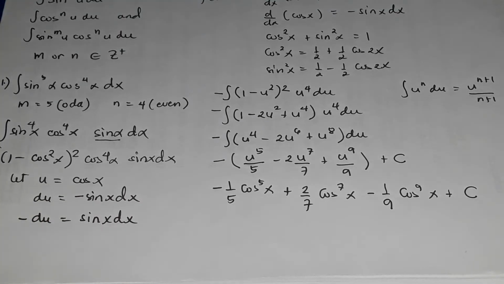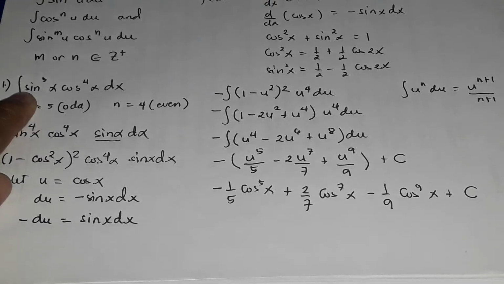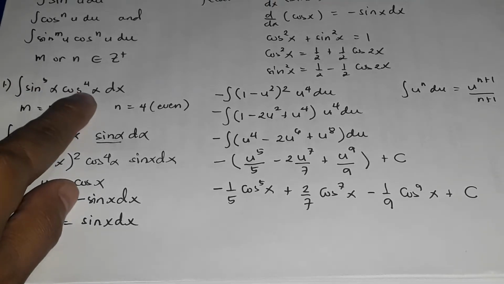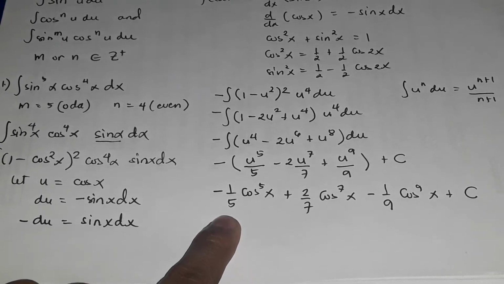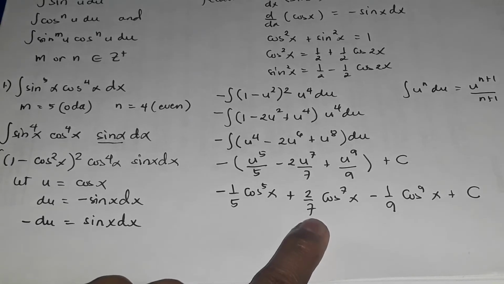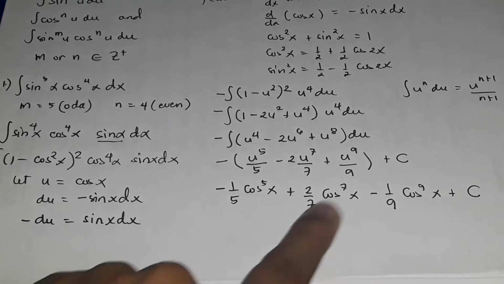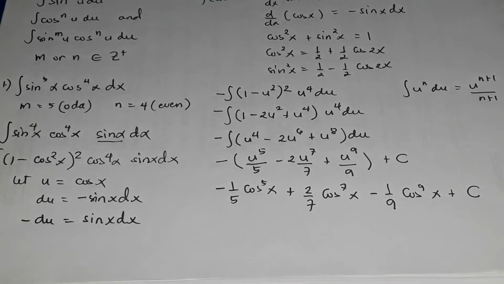Okay, so we now have the integral of sine raised to 5 of x times cosine raised to 4 of x dx is equal to negative 1 over 5 cosine raised to 5 of x plus 2 over 7 cosine raised to 7 of x minus 1 over 9 cosine raised to 9 of x plus c.